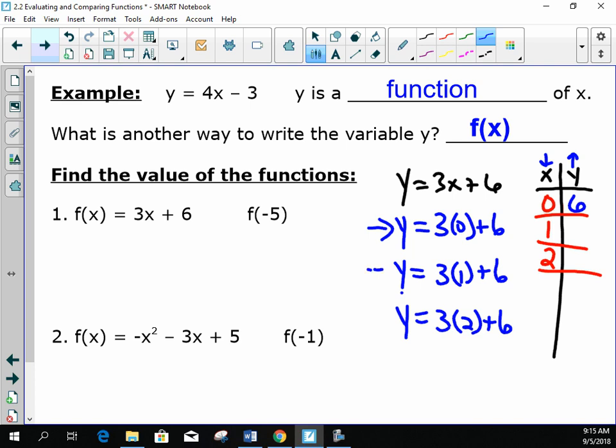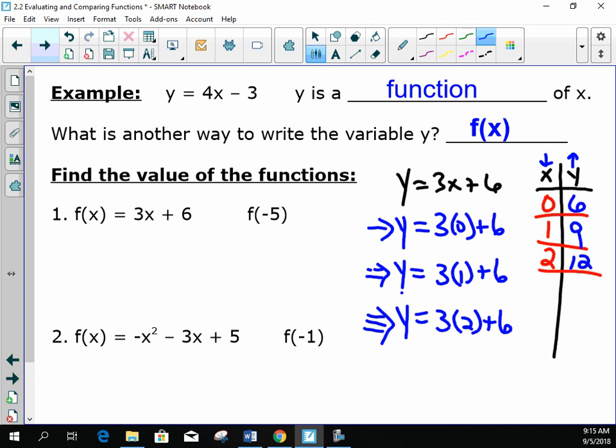When x equals 1, what does y equal? When x equals 2, what does y equal? 12. So what is this? Remember yesterday we were saying if you have the same x values without the same y value, it's not a function.